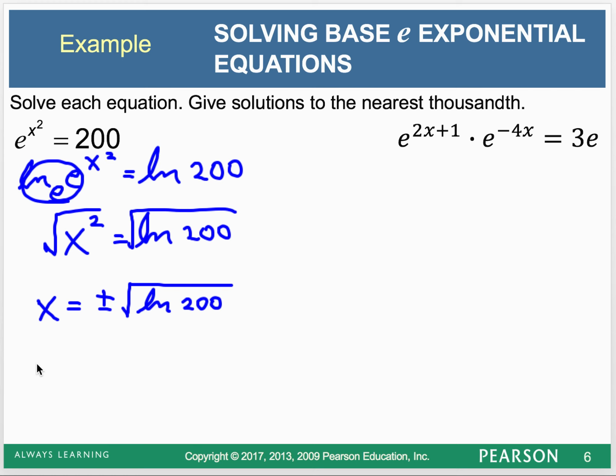Okay, it says again to the nearest thousandth. So first I'm just going to do the square root of the natural log of 200. And I get 2.302.